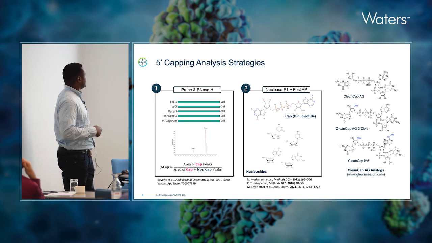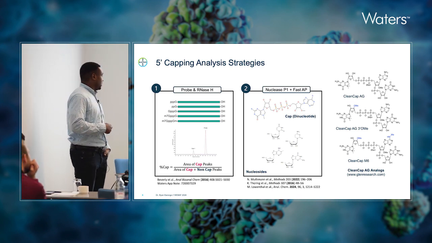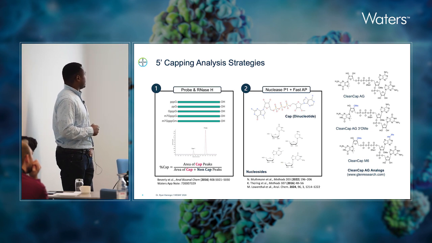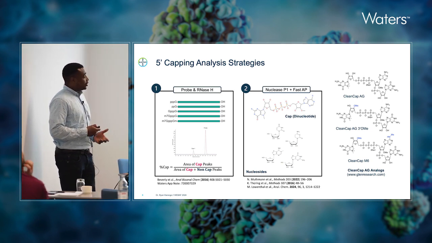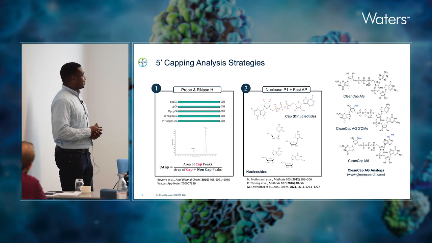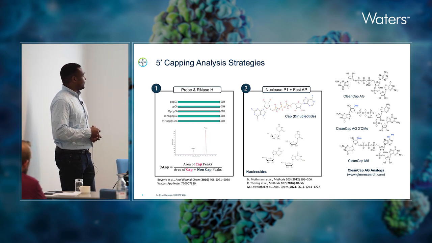So we implemented two methods. One is the probe-based method from literature, so we use a probe to guide the cleavage using RNase H. But we also have a full digestion method using nuclease P1 and also an alkaline phosphatase to remove the phosphates on the nucleotides.